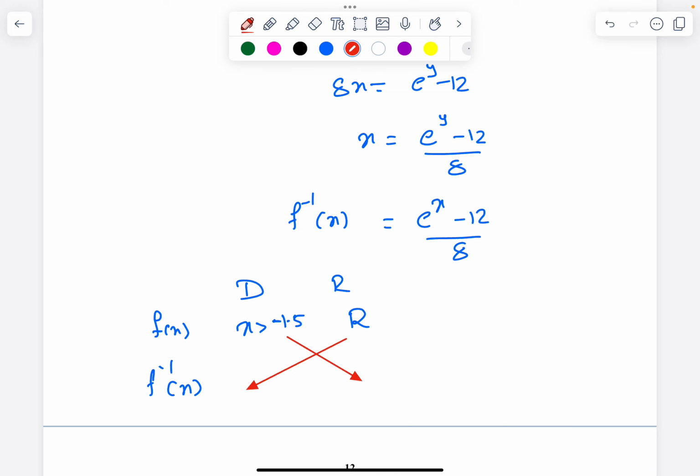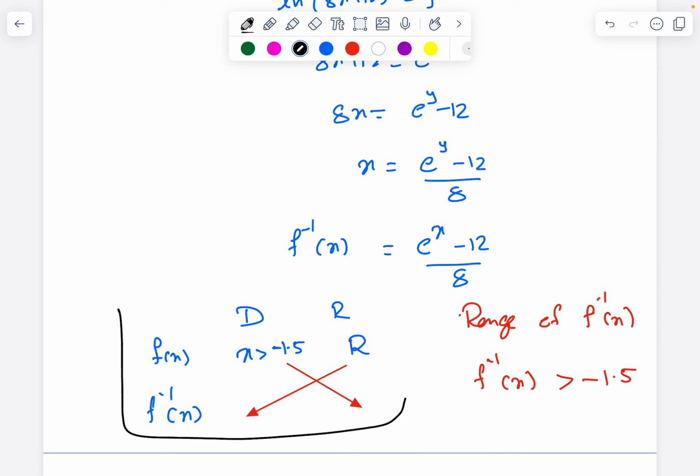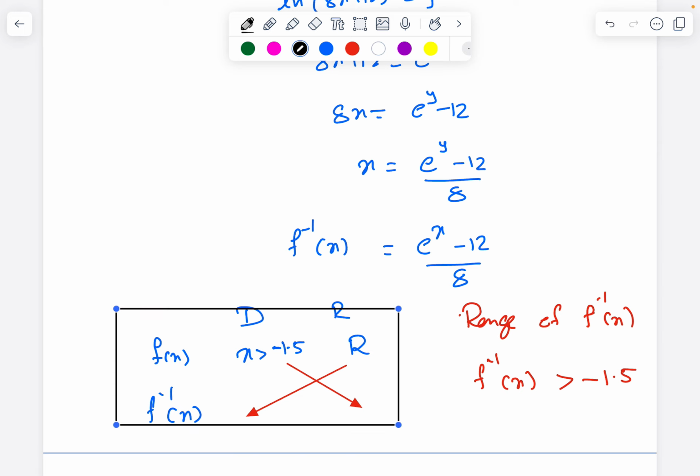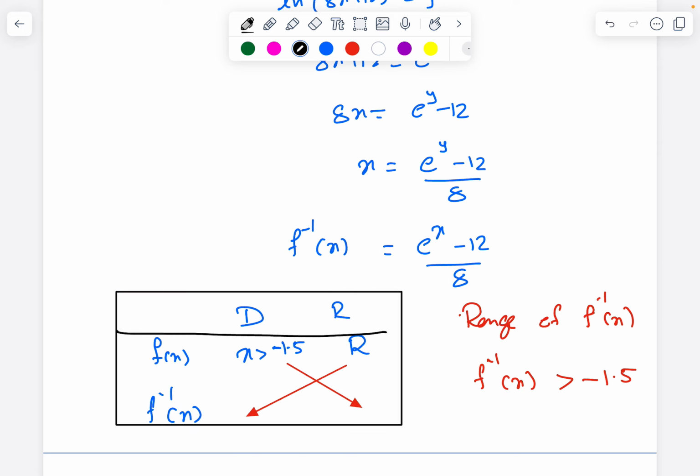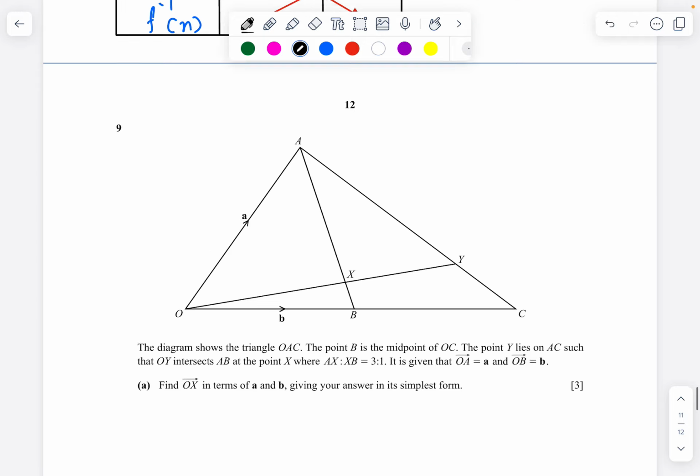So what is the range of f inverse? It will be f inverse of x is greater than minus 1.5. That's going to be the answer. So domain and range will get swapped. For f of x and f inverse of x, what we can assume is the domain and range will always get swapped. That is the easiest method to do this kind of question.